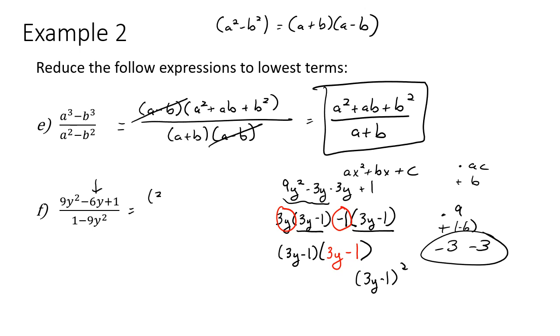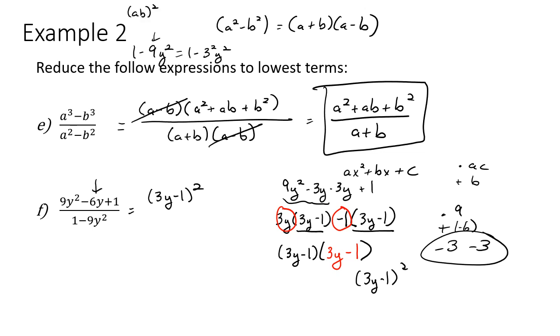All right, so that's the numerator. The denominator is actually a difference of perfect squares again, although it's a little bit trickier to spot this time around. So we've got 1 minus 9y squared, but 9 is 3 squared. And remember properties of exponents.